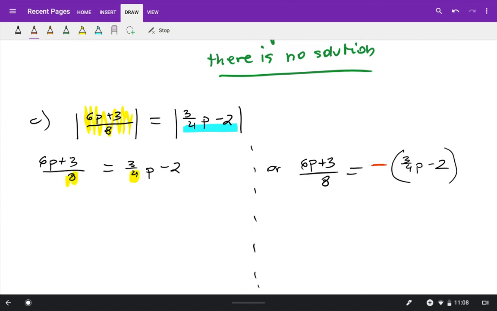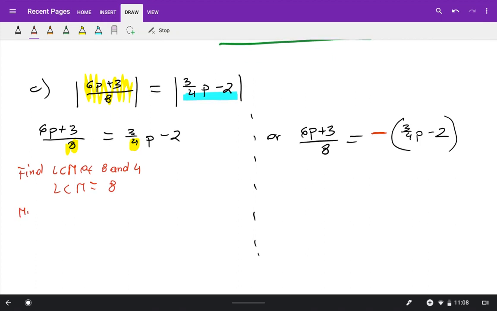Step number 1: find the least common multiple, the lowest common multiple of 8 and 4. We know that the LCM is 8. So we're going to multiply both sides by 8.